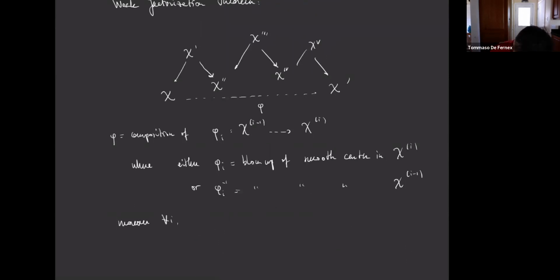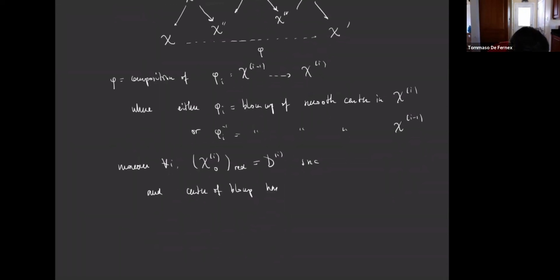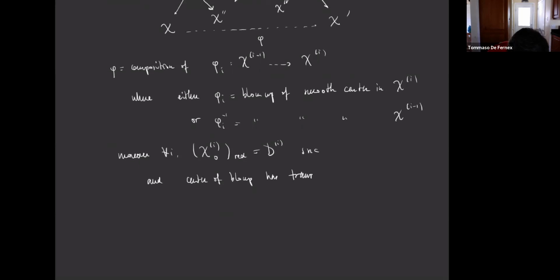Moreover, for each i, the central fiber, maybe reduced, is some Di, again a simple normal crossing divisor, and the center of blow up from either map has transversal intersection with this boundary divisor.